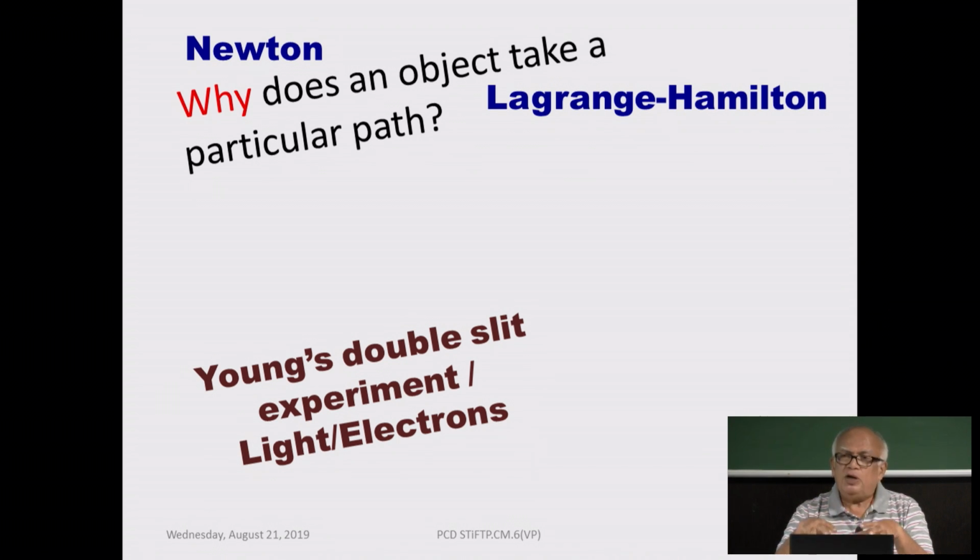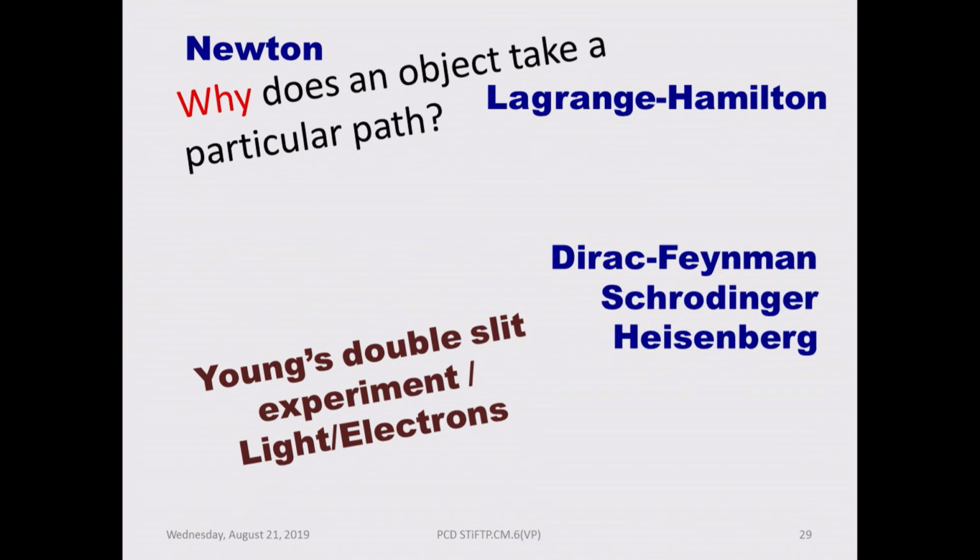So you can answer this question using the quantum mechanical formulation, which is the Schrodinger or the Heisenberg formulation, but I also told you that the Dirac-Feynman path integral approach also provides you with this solution.